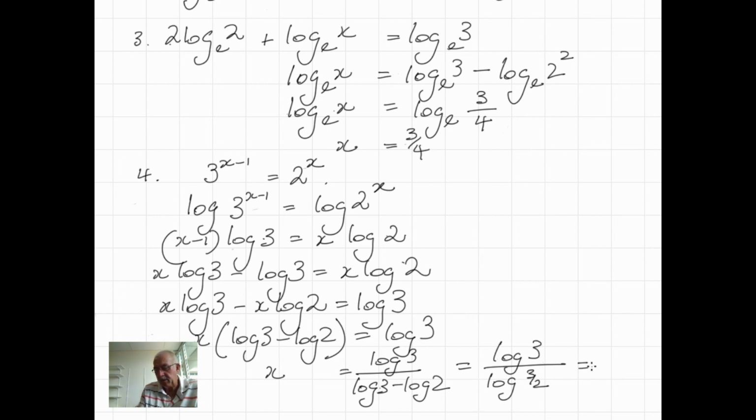If you use your calculator with log to base 10, which is just log, you can find the log of 3 divided by the log of 1.5, and you'll get 2.7093. Normally when working with logarithms, if we're going to give an answer, we use 4 decimal places, just for accuracy.